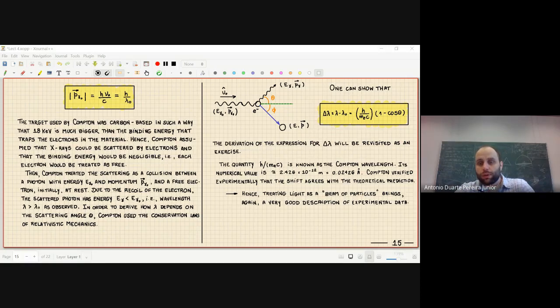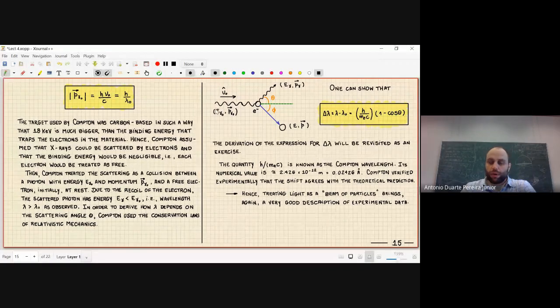Okay, there is another question. If energy is conserved, where does the energy difference between the incident and the scattered radiation go? Could it be the kinetic energy of the target, the electron in this case? Yes. So let me put it like that.